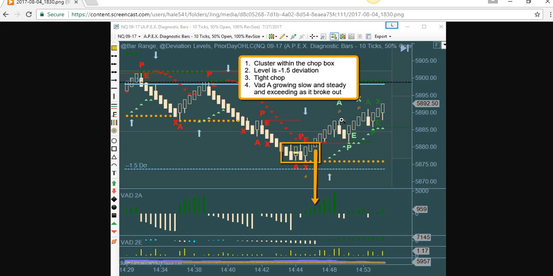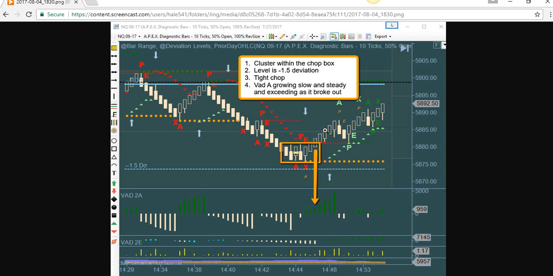Okay, now once again, let's say that we did not have a cluster in here, but everything else lined up, all of our other rules were met. We could still take that trade if we choose to, okay, but we're only expecting a little bit of a scalp out of it. So we're going to move our stop up really quick.